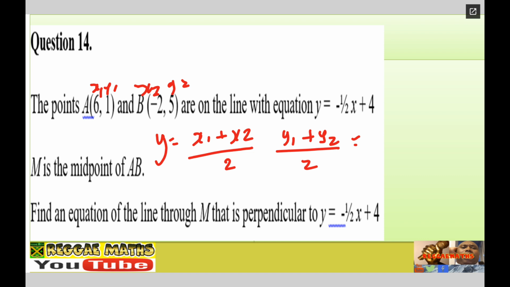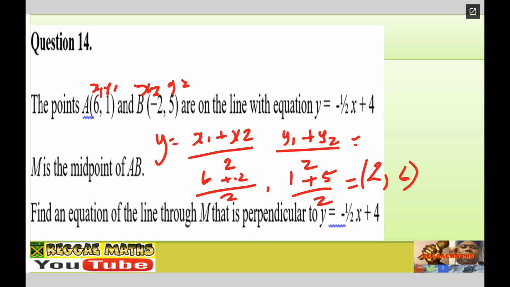So it's going to be 6 plus minus 2 over 2, and 1 plus 5 over 2. So 6 plus minus 2 is 4, over 2 is 2. 1 plus 5, that's 6 over 2 is 3. So the answer is 2, 3, the midpoint.